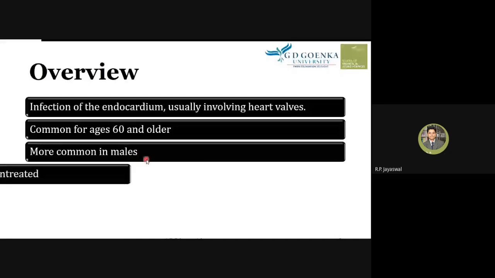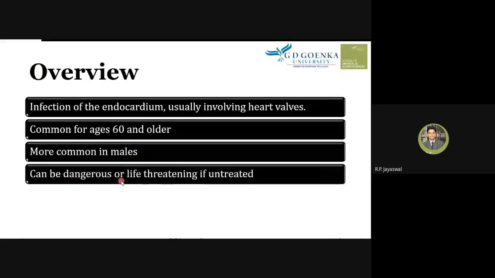and it can be dangerous or life-threatening if untreated. So what we consider is that if there is infective endocarditis and it is not treated, it may be dangerous or life-threatening to a person.